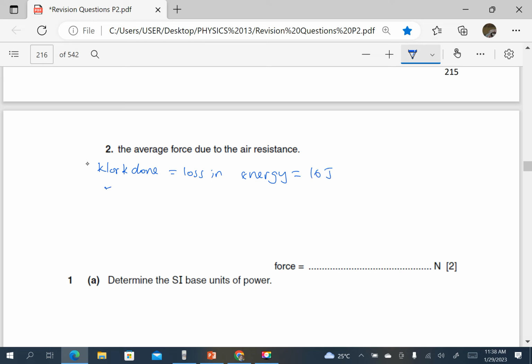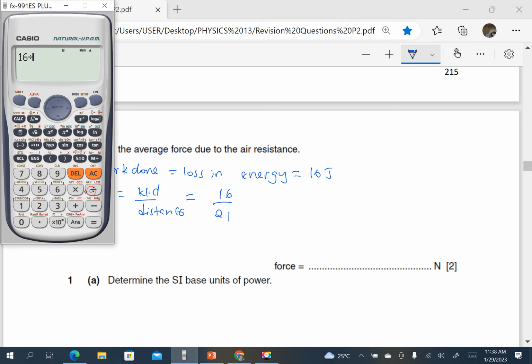The resistive force is work done divided by distance, since work done is force times distance. So it is 16 over the distance moved, which was 21. We check this: 16 divided by 21 is 0.76.